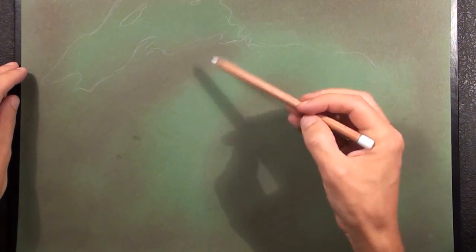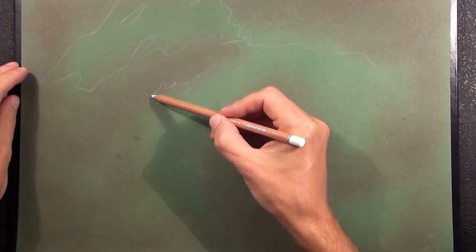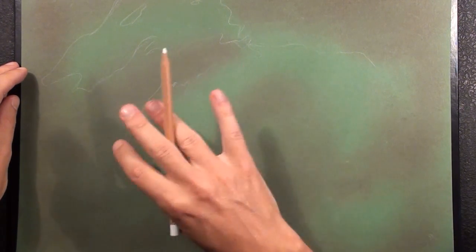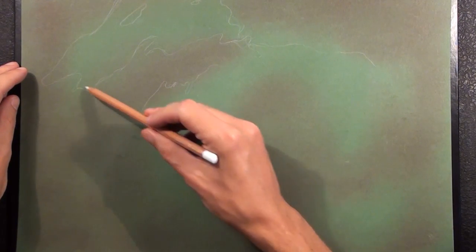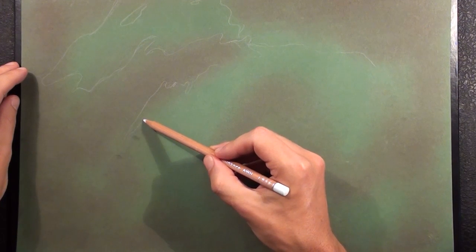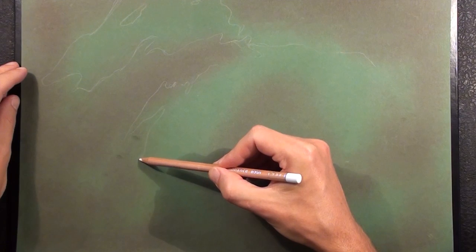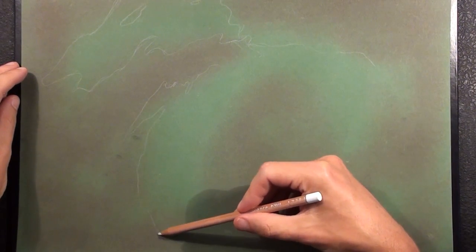So you can see how I prepared this piece of paper a bit. Some color, it's a green paper, but I've added some pigment from crayons. Here we have Lake Michigan.